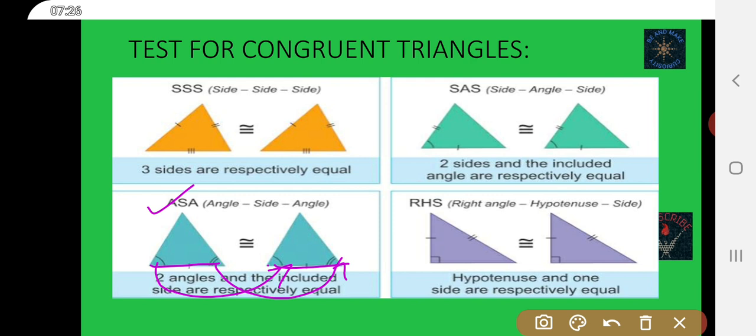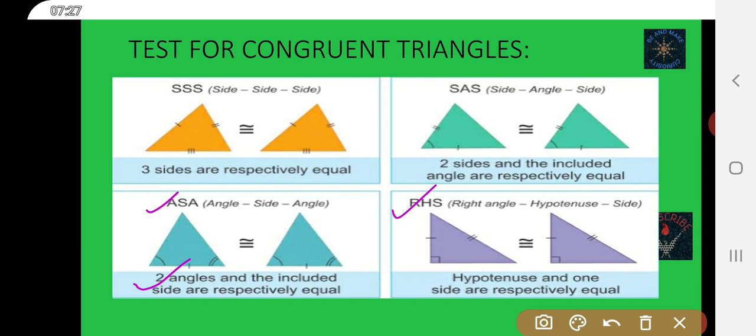So here two angles and the included sides are respectively equal. So the two triangles are congruent. Okay, that is your ASA congruency rule.